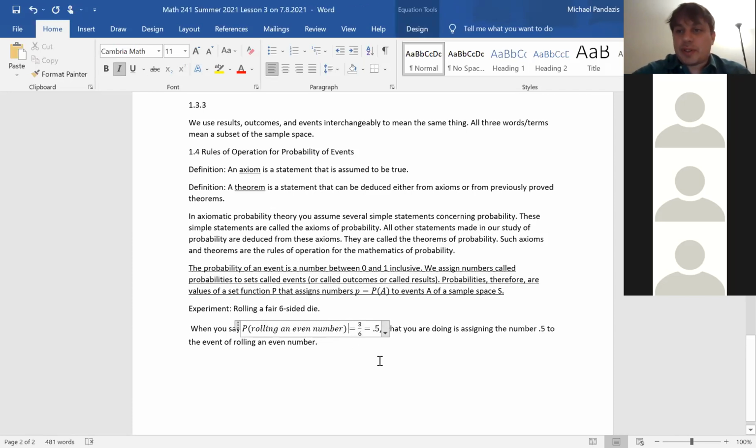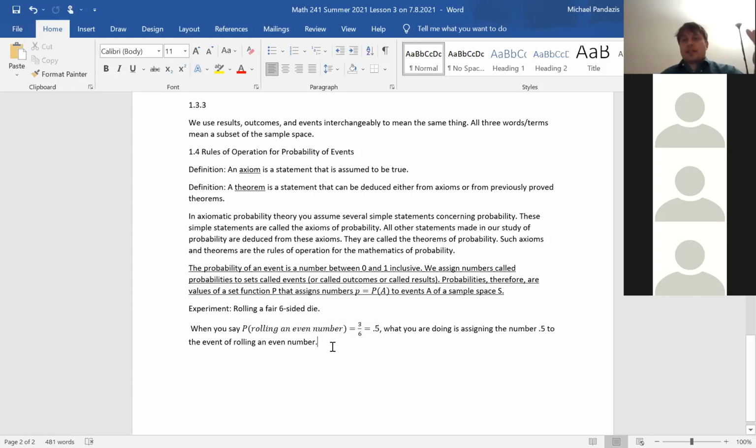This equal sign here, it's equal to this thing we created called a probability function, okay? So if you have an event, how is an event related to a number, right? We're assigning the number to that event. Technically, when you look at rolling an even number, there's no 0.5. We're saying when you think of the event of rolling an even number, now associate the number 1/2 to that event. And we're doing it by this probability function.